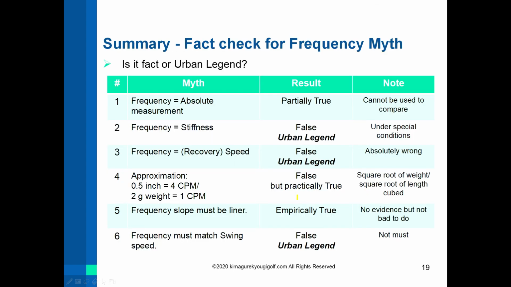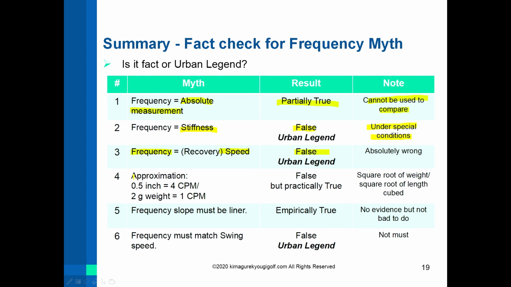Okay, the summary for the fact check for the frequency myth. Number one, frequency is an absolute measurement. It's partly true. It's a number, but it cannot be used to compare apples to apples. Number two, frequency means stiffness. It's false. It's true only under special conditions. Number three, frequency is a speed. It's an absolutely wrong idea.